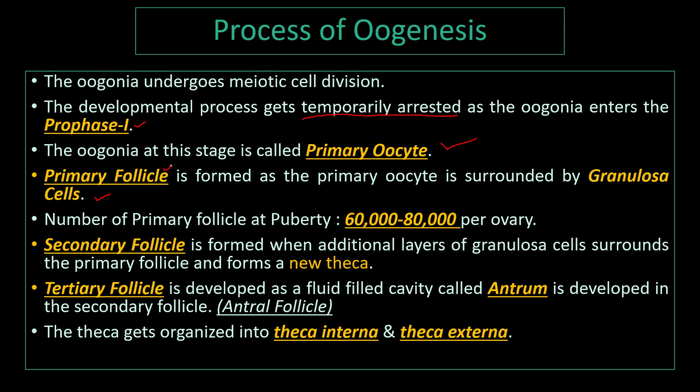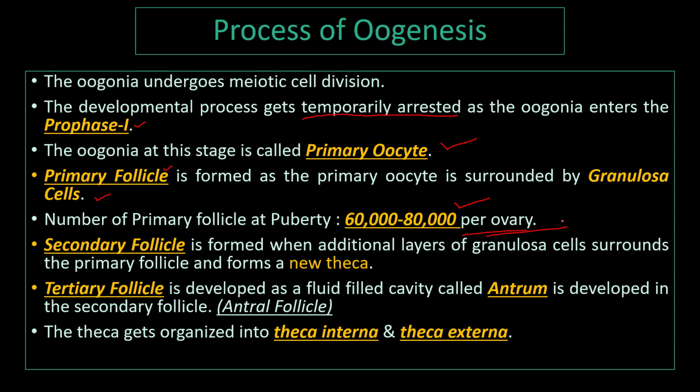So at the time of puberty, the number of primary follicles is going to be around 60 to 80,000 per ovary. Now this primary follicle is going to undergo further development during puberty, and it gets additional layers of granulosa cells surrounding it, and also forms a new layer, the theca, and that is called the secondary follicle.